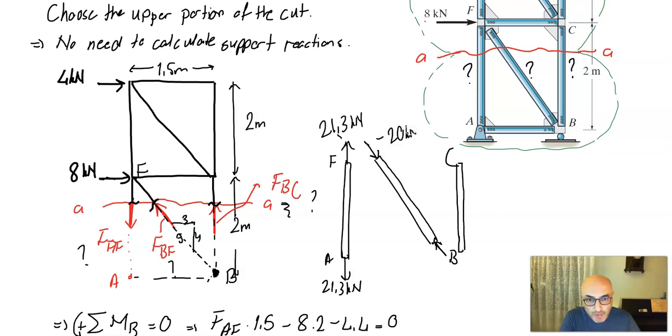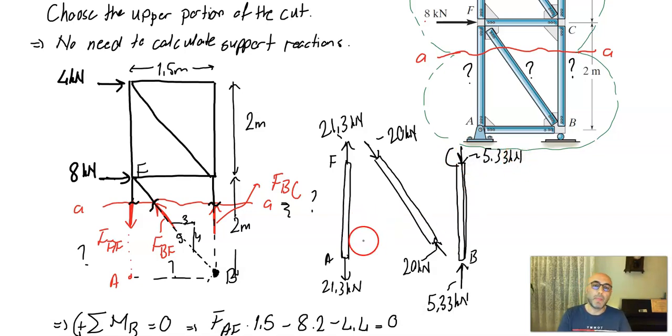And finally my member BC down there, that's under compression as well, and that compression force is 5.33 kilonewton. So that's tension, that's compression, and that's compression.